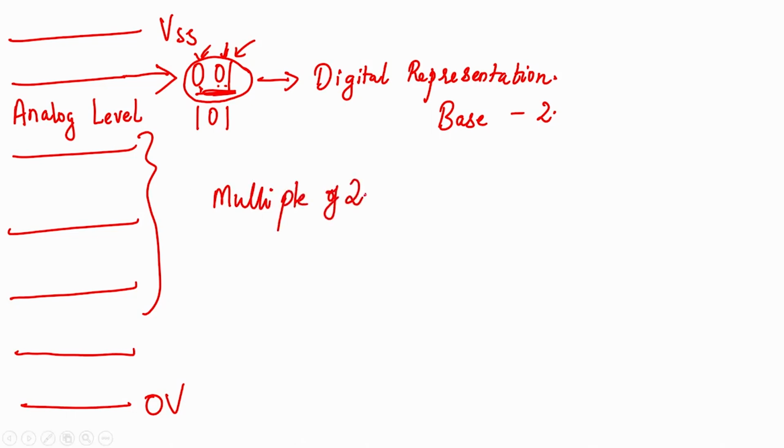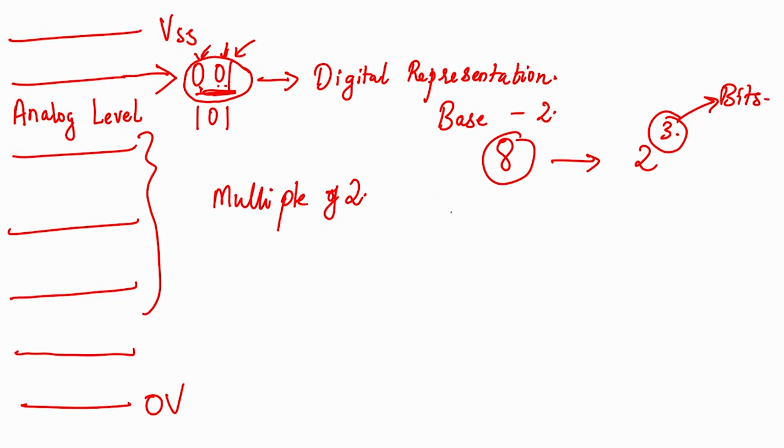Multiple of 2. So what does this mean? Let us say your number of levels is 8. What is 8? 8 is 2 raised to 3, correct. So it is a power of 2. How it helps is that it lets you use all the bits with all the toggles. This 3 represents the number of bits in your digital representation.